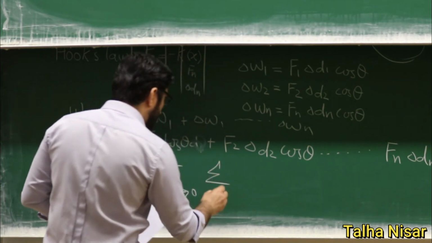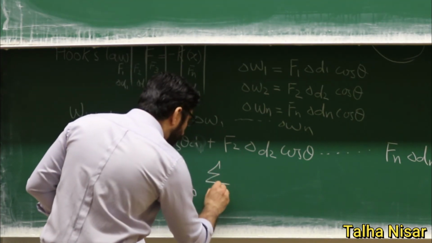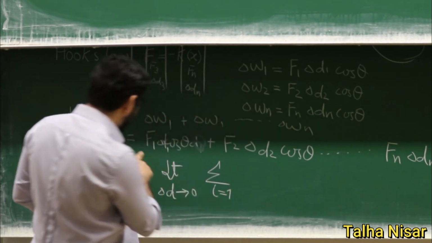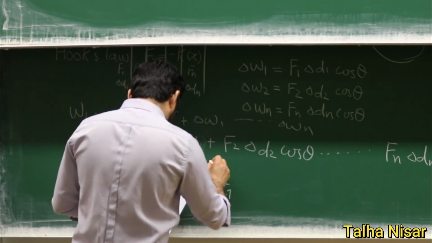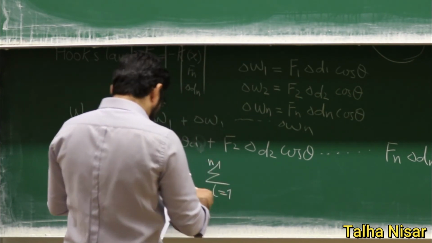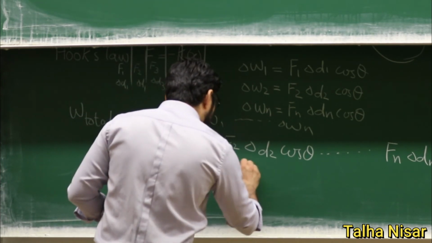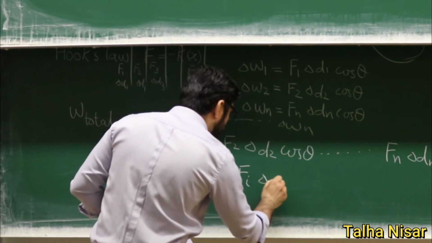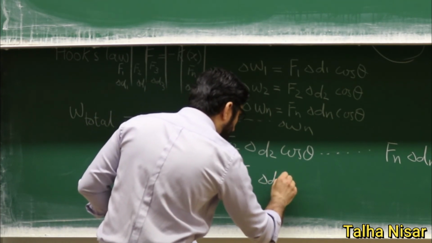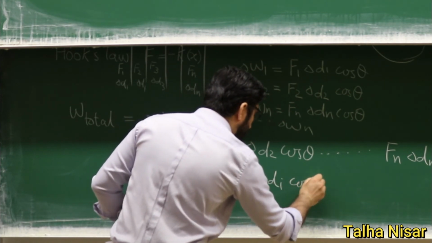So this is the summation symbol. It starts from 1, then 2, and goes to n. So we write F_i delta d_i cos of theta.